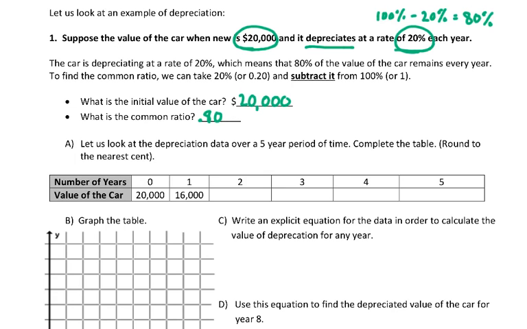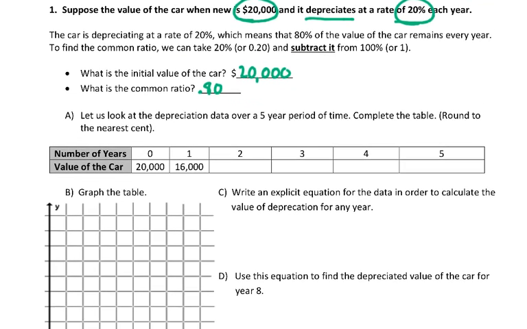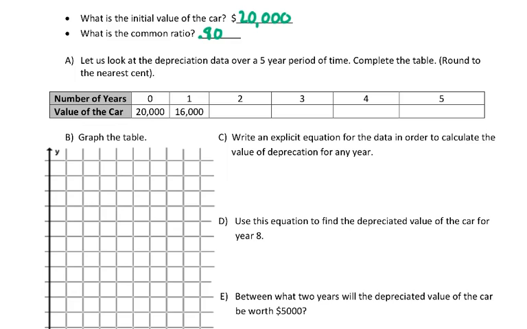So let's take a look at the depreciation data over a 5-year period of time. Complete the table, round to the nearest cent. So we're going to fill in these missing values here. I've already started you off here with the easy one. So at 0, it's 20,000.